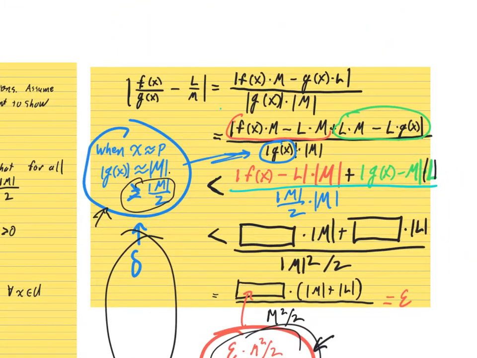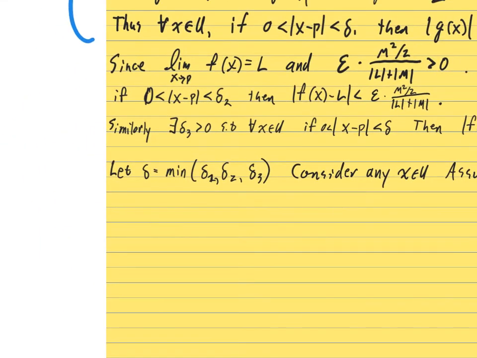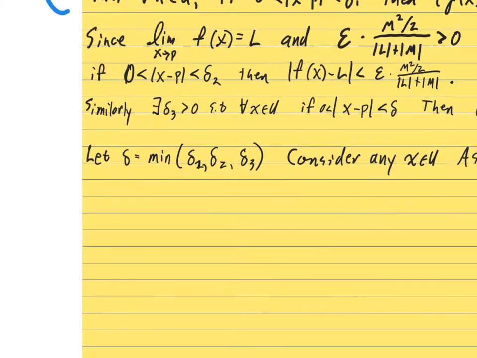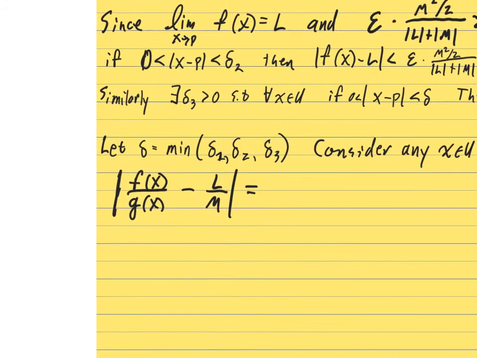Now I'm going to try to just follow this guide, which is totally unreadable at this point, so I'll have to partly just remember what happened. Then the absolute value of f of x divided by g of x minus L divided by m. Right, let's just use what we did there.